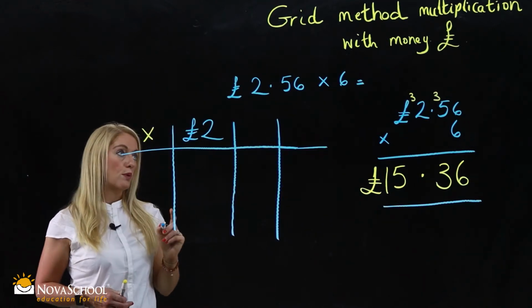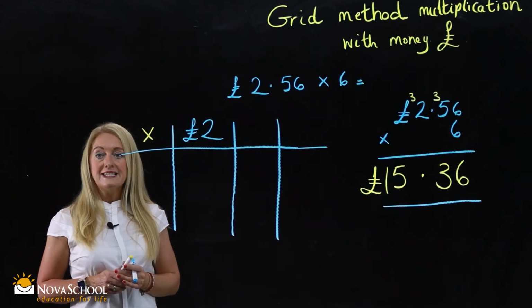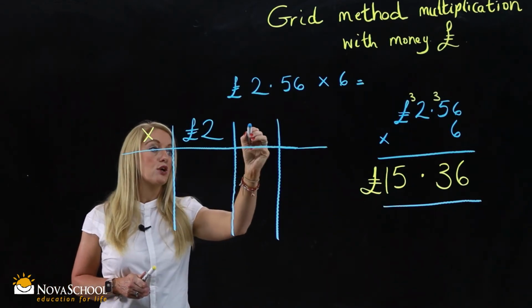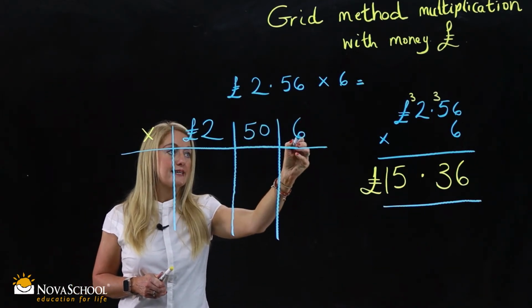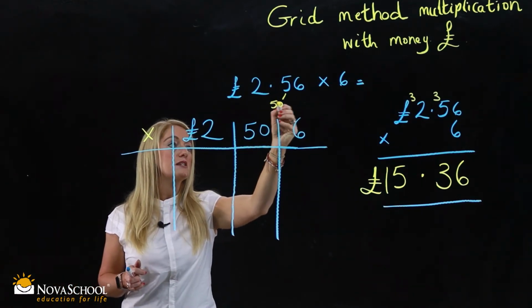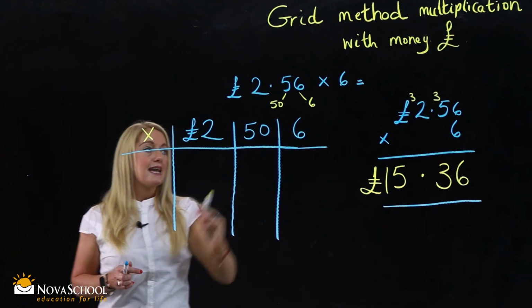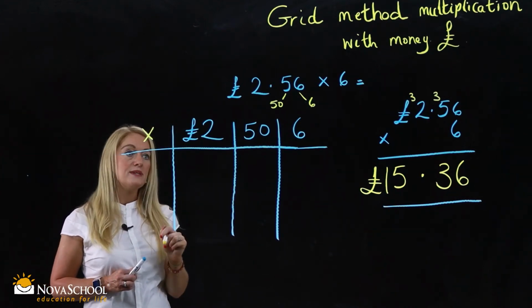Stretch that out, okay? Where does 56 go? 56 goes here across the top. You pop your 50 here and your 6 here, because what you have done is partitioned your pence into 50 pence and 6 pence. Okay, pop it in there.